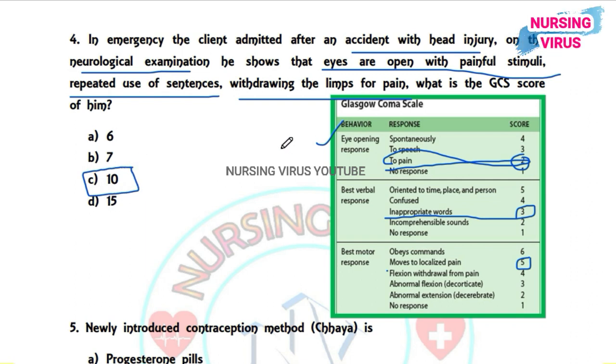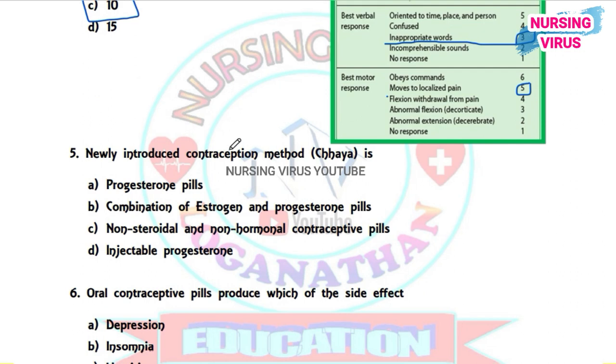The next one is regarding contraception: the newly introduced contraception method CHEA is. The options are progesterone pills, a combination of estrogen and progesterone pill, a non-steroidal and non-hormonal contraceptive pill, and injectable progesterone.